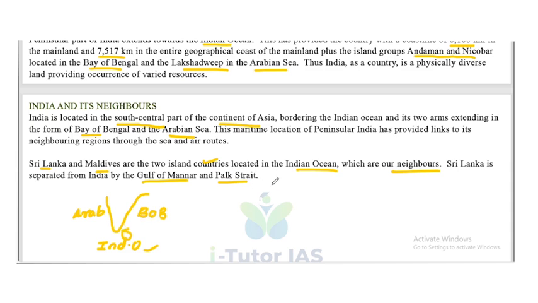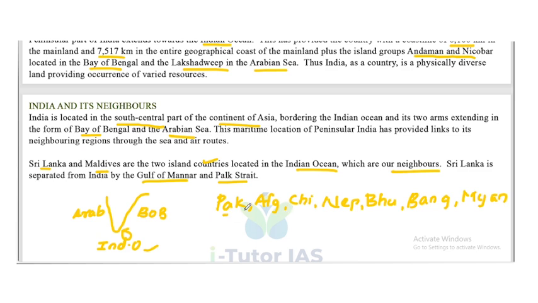And which are the border sharing countries of India? Which countries share a border with India? We know. First one, Pakistan, then Afghanistan, next China, Nepal, Bhutan, Bangladesh, and Myanmar.